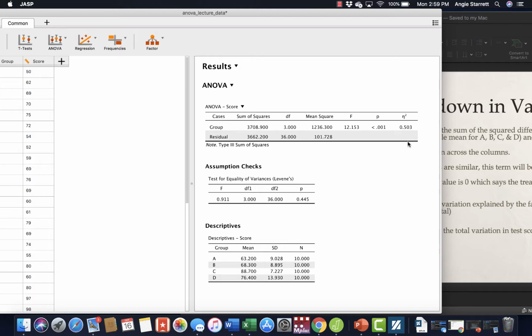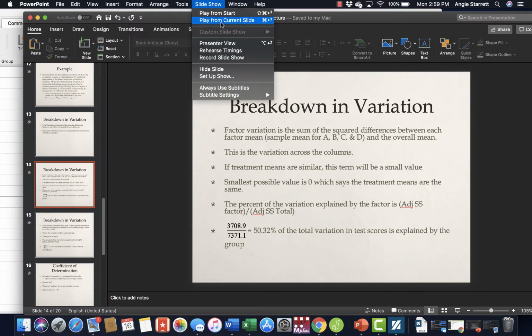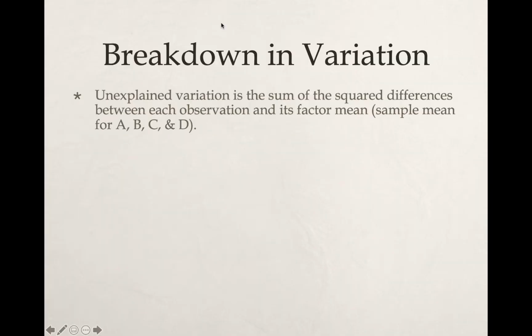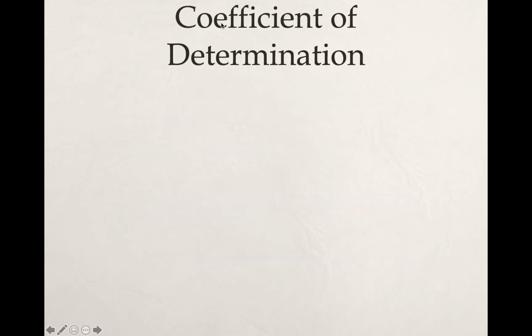The remaining percent to 100 is the percent explained by error. So 49.7% is unexplained, we would say. That's how we get the 49.7%. It's just the difference between eta squared and 1.